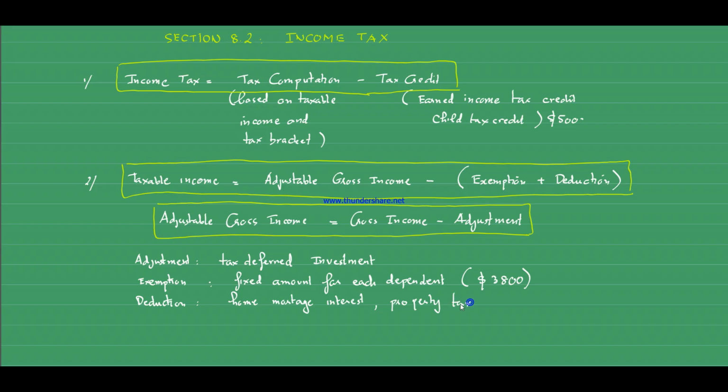If the question states any of this category, then you can include that in the deduction. Charity is also a deduction, how much you give as charity. State income tax is optional. Medical expense too.